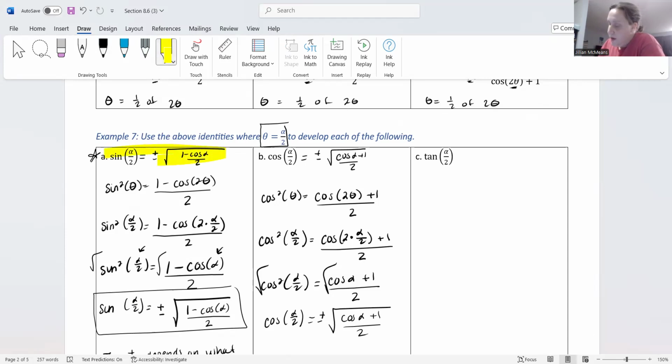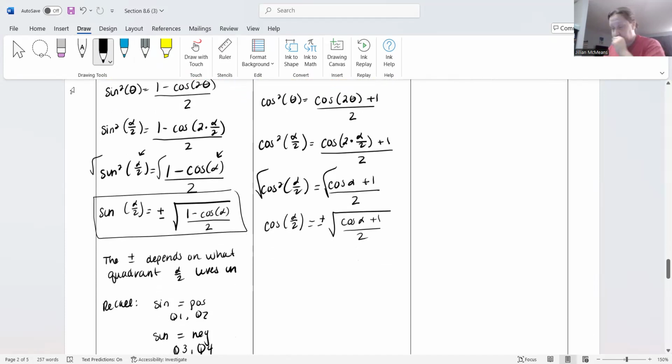So we have these new half angle formulas to remember. And just remember, the plus or minus, you're either going to get plus this square root or minus this square root. It all depends on where the angle alpha over 2 lives. So again, the plus or minus depends on what quadrant alpha over 2 lives in.